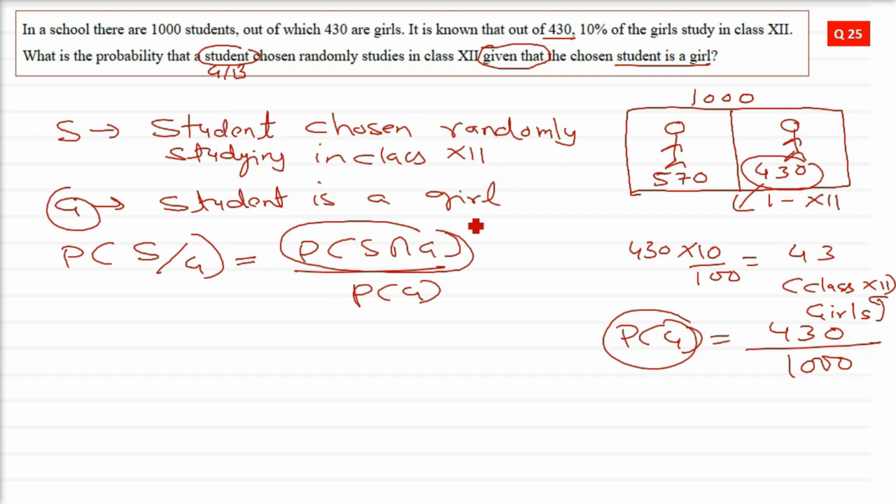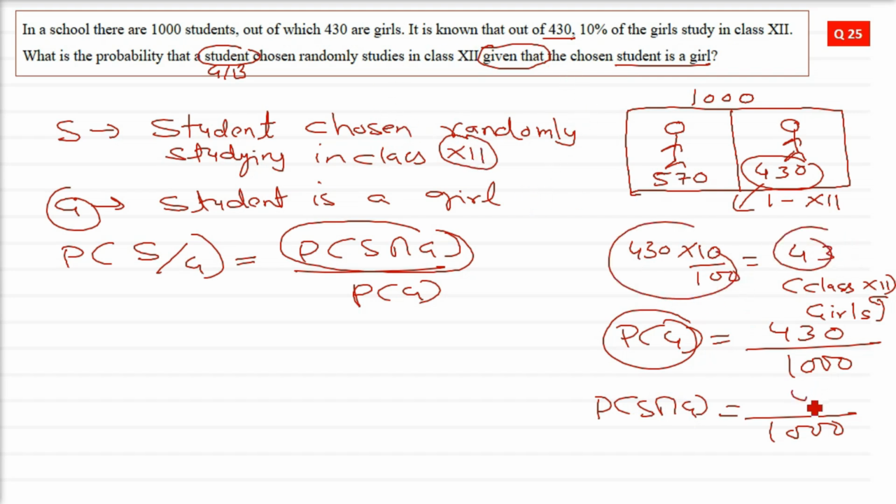Now what is this P(S intersection G)? A girl chosen and also the girl belongs to class 12. What is that probability? That is S intersection G we are finding out. In all there are 1000 students, but what are our favorable cases? 10% girls are in 12th class, so this will be 43 by 1000.